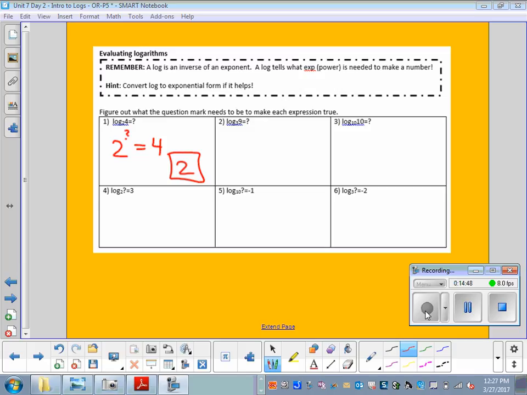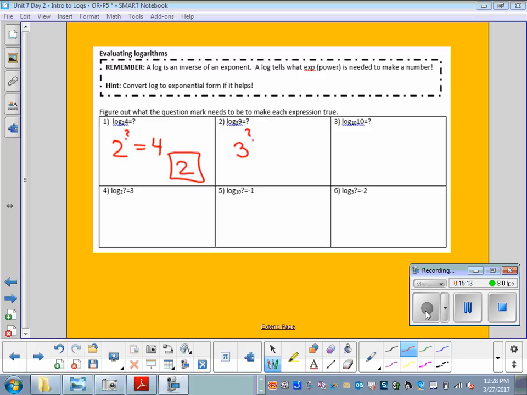Second example, let's do this one together again. I need to figure out what is the log base 3 of 9. So I'm trying to represent 9 as 3 to the power of something, either in my head, or if I want, I first convert this into exponential form. So my base is 3.